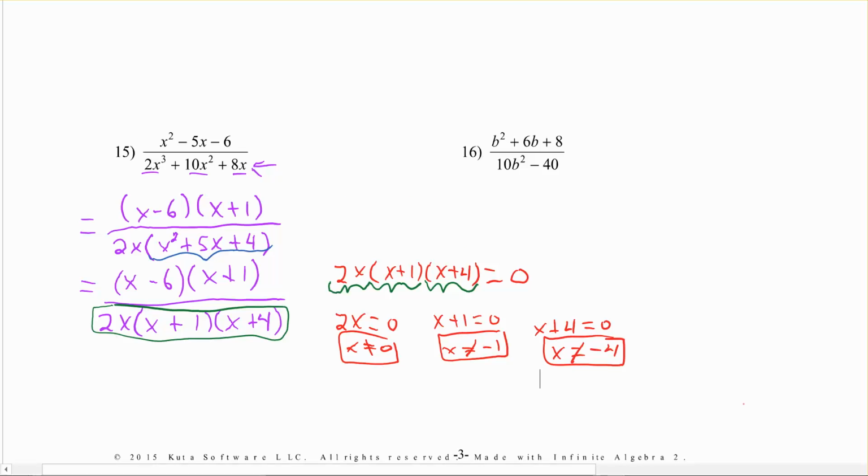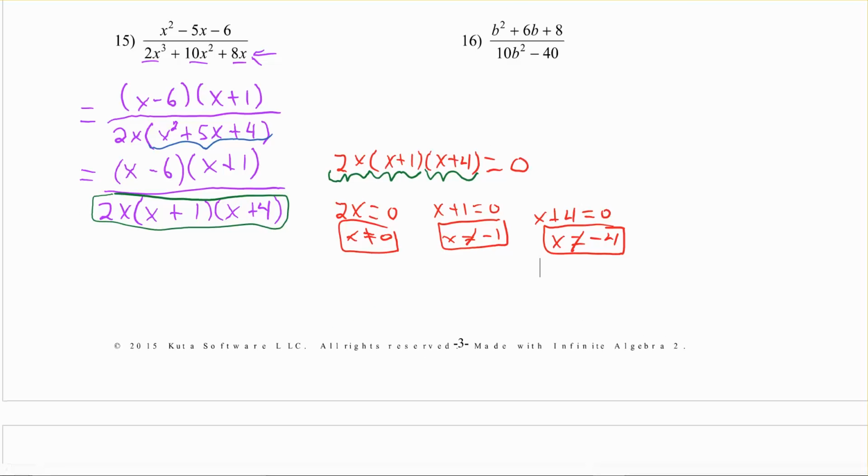Okay, so I figured out my restrictions now. And then the last thing I've got to do is simplify our equation over here. You can see that on the top I've got x plus 1, and the bottom I've got x plus 1. Let's cancel those. And then just write what we have left: x minus 6 over 2x times x plus 4.